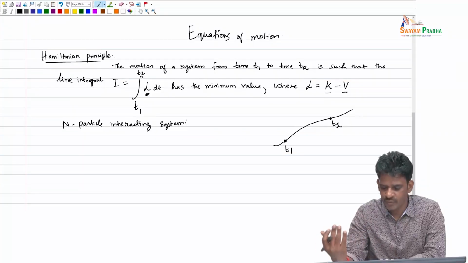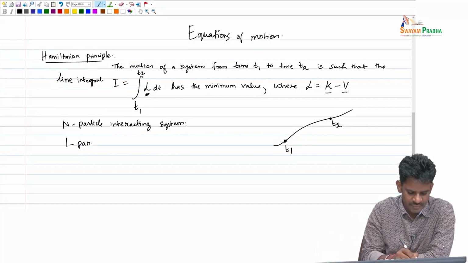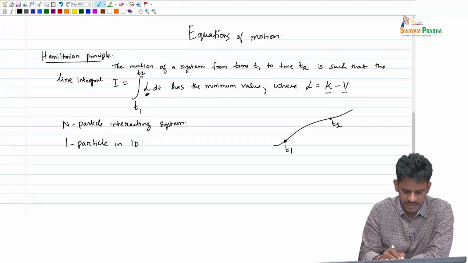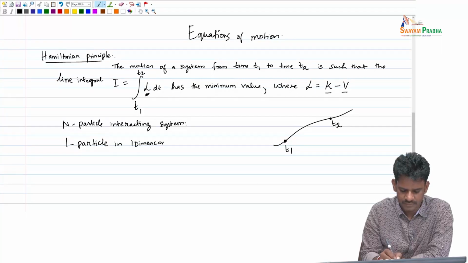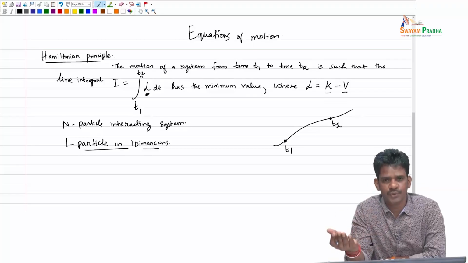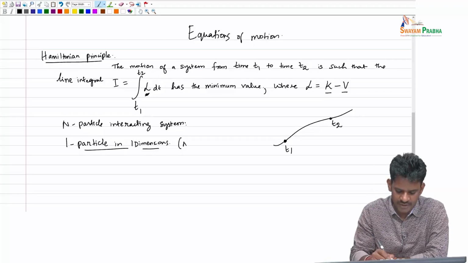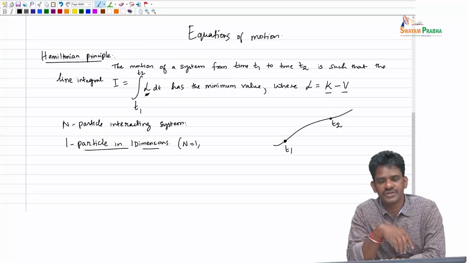The simple system I want to consider is one particle in one dimension. We will illustrate the principles of Hamiltonian and equation of motion using a single particle in one dimension, that is, n is equal to 1 and the dimensionality is also 1.